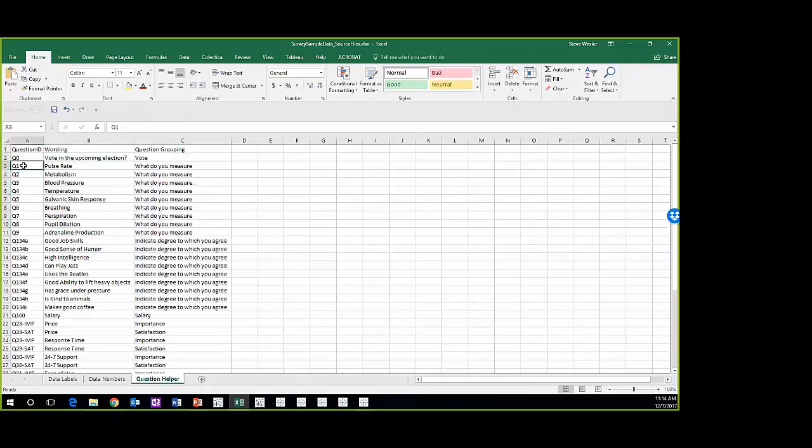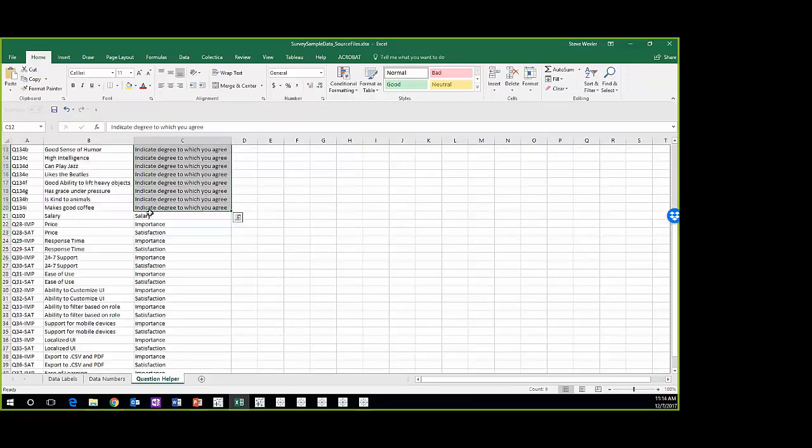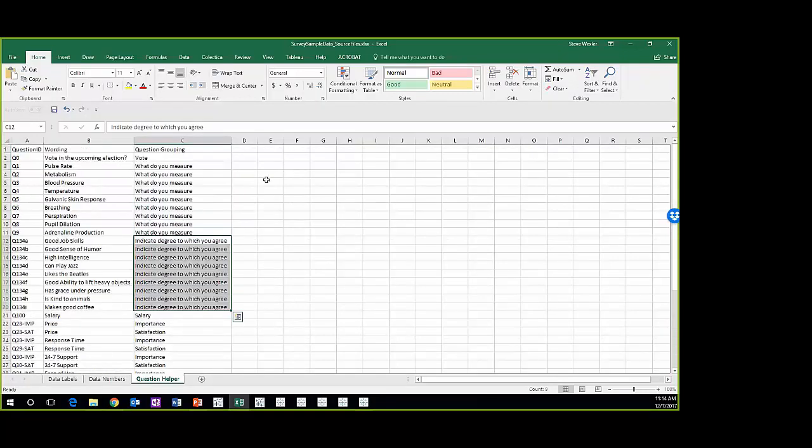Like a lot of times in something like Qualtrics, you'll have Q1_1, Q1_2, Q1_3. So all of these questions here fall under the umbrella of what do you measure? And all these questions fall under the umbrella of indicate the degree to which you agree or disagree. And here are all my importance questions. You can certainly add more columns.